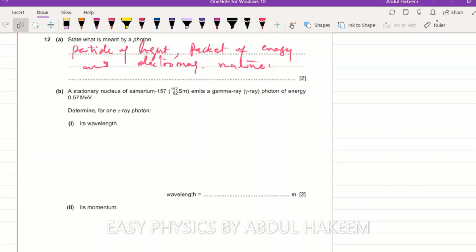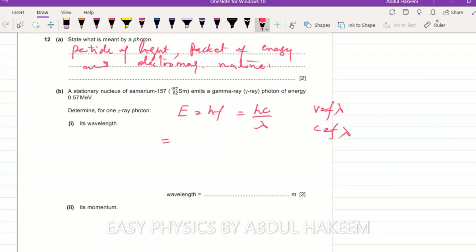The next, a stationary nucleus of Samarium-157 emits a gamma ray photon of energy 0.57 MeV. Determine for the one gamma ray photon, its wavelength. The energy is equal to hf, which can be written as hc over lambda, because v is equal to f lambda, so c is equal to f lambda. So f can be replaced by c over lambda.